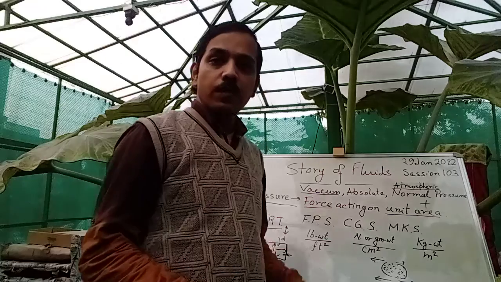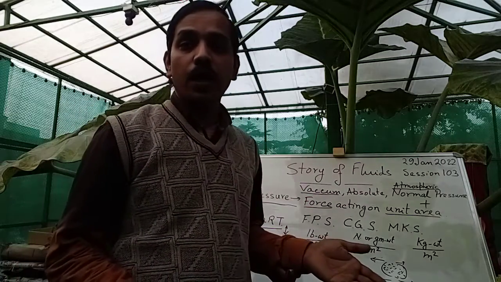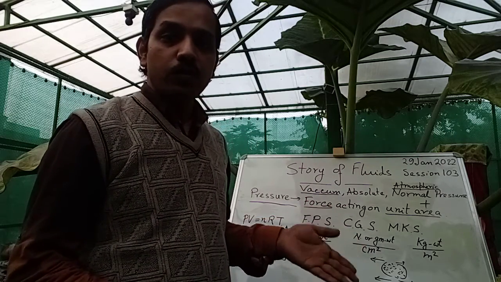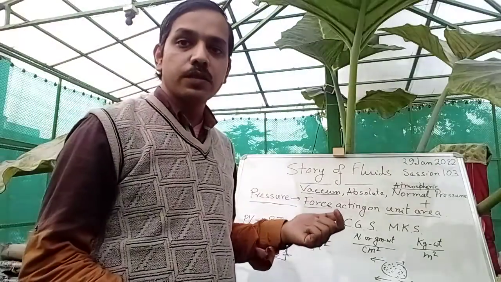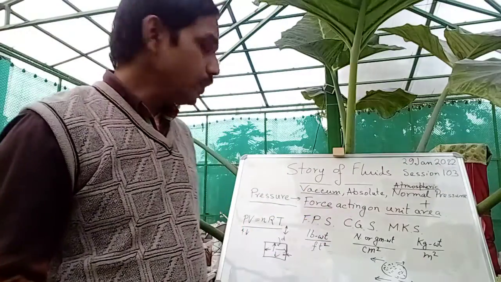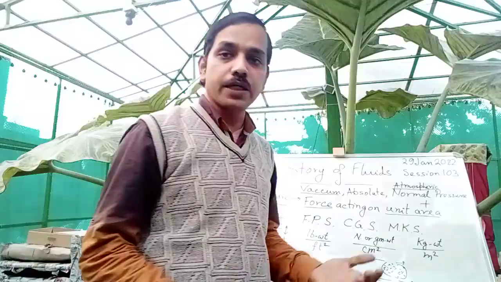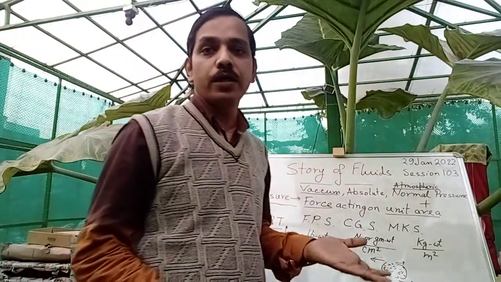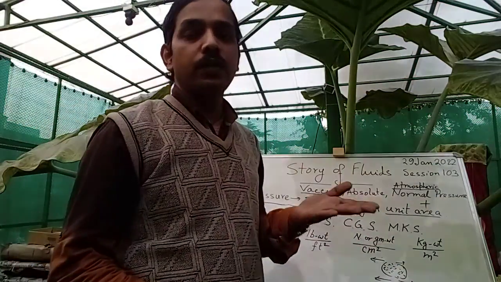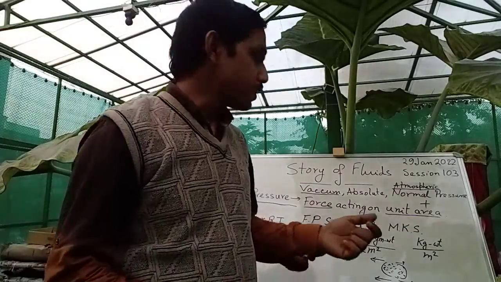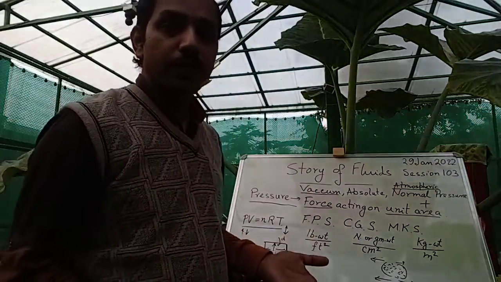So pressure is important, and what we use to measure the pressure is the pressure gauge. What the pressure gauge does is try to compare the pressure with the atmospheric one. As I told you, the atmospheric pressure is what we generally take as a reference.